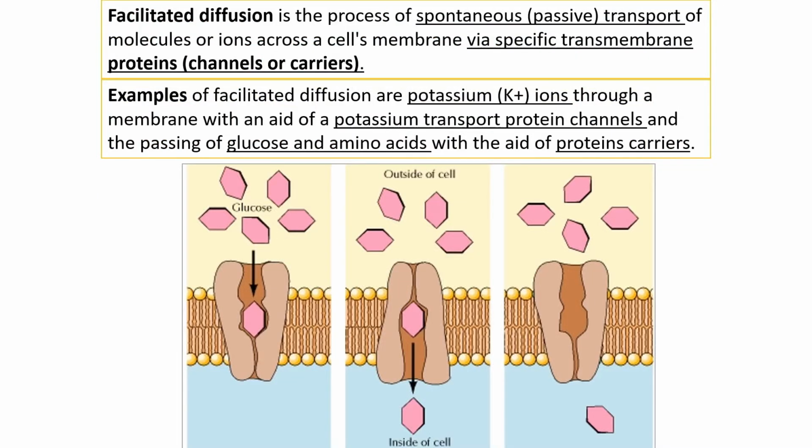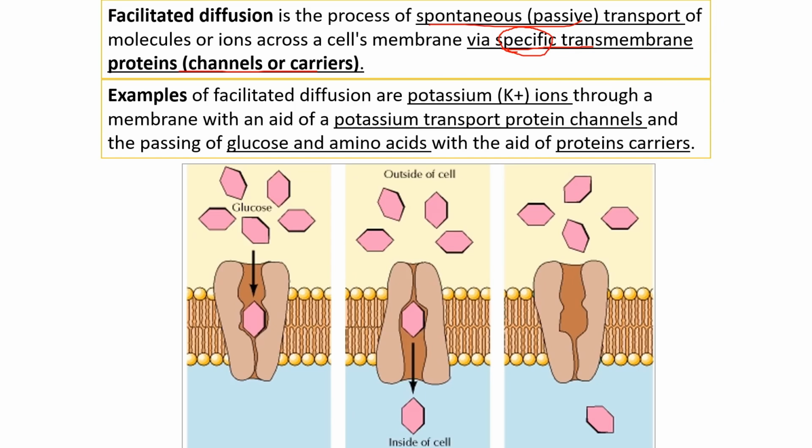Facilitated diffusion is the process of spontaneous or passive transport of molecules and ions across the cellular membrane via specific transmembrane protein or channel. So why is it called specific? Because each transmembrane channel or transmembrane carrier protein is designed only for specific molecules.